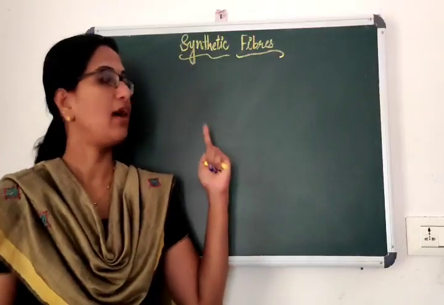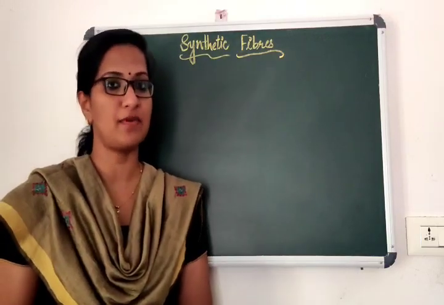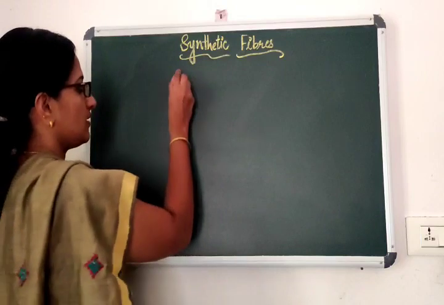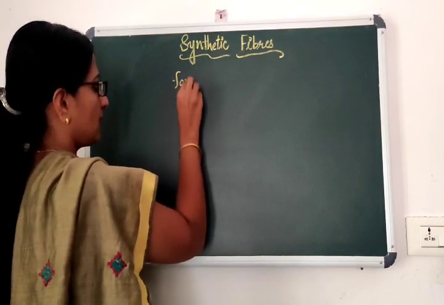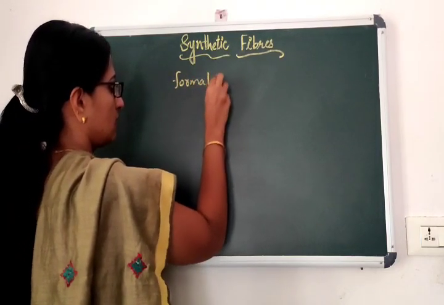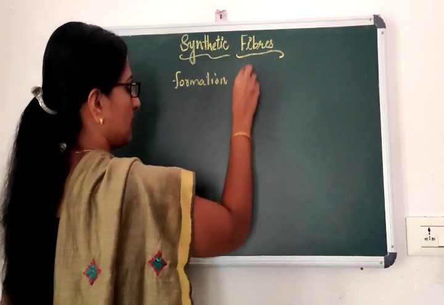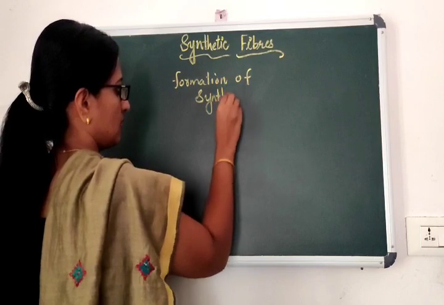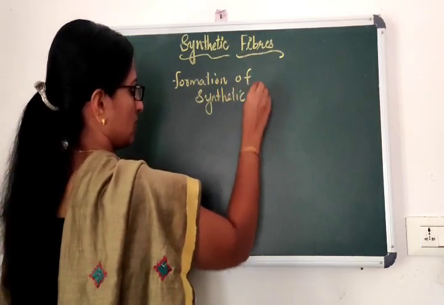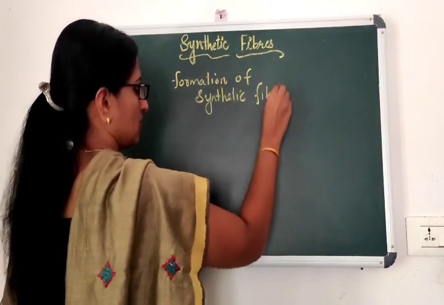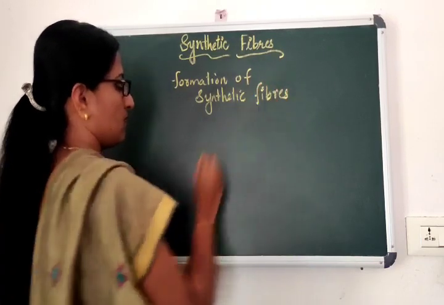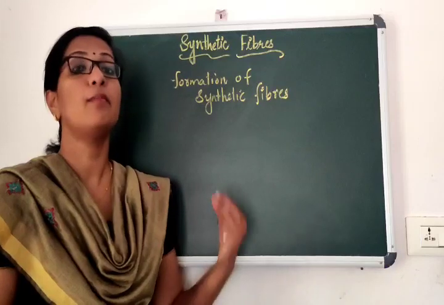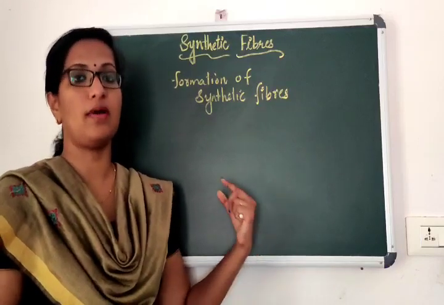Okay students, now let's move on to the synthetic fibers in detail. First let's go through the formation of synthetic fibers. Synthetic fibers are formed by the monomers combining to form a polymer.